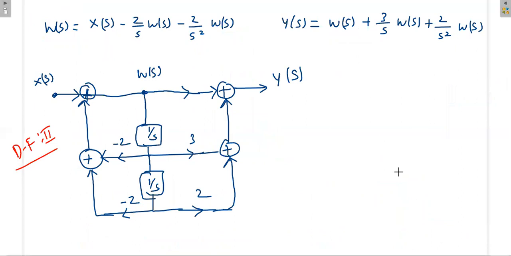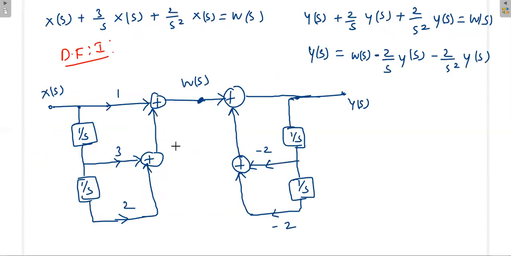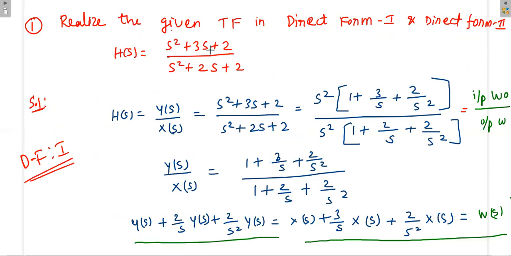Anyway, that may not be relevant to signals and systems, but you will get some intuitive idea of how Mason's gain formula also works in signals and systems. So you take it as an exercise. Try to apply Mason's gain formula for this one, then ultimately you get h of s, your original h of s. Again here also you can apply Mason's gain formula and verify whether finally you are getting h of s in this format.